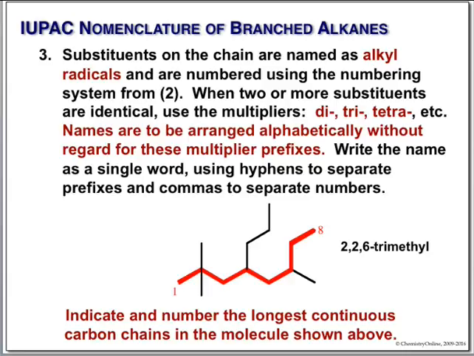Here on carbon number 2, we have 2 methyls, right? And on carbon number 6, we have a 3rd. So to build our name, we say 2,2,6-tri, meaning 3 methyls. Next, we look and say, what else is attached?